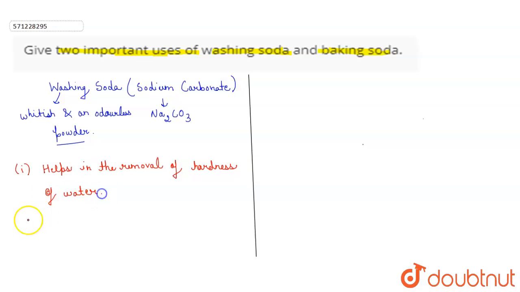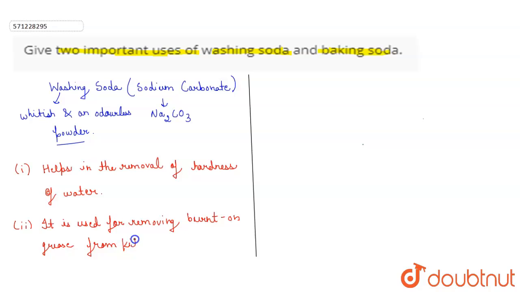And the second important use of washing soda is it is used for removing burnt-on grease from kitchen utensils. Right?